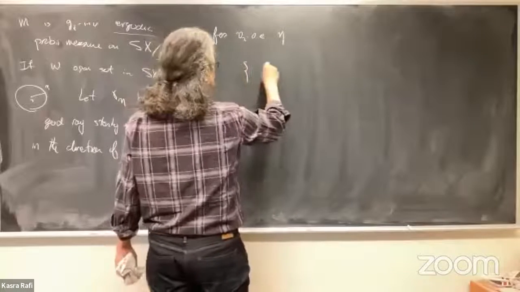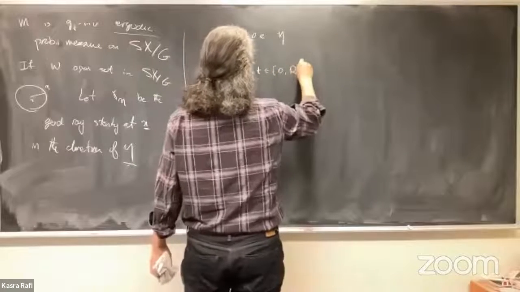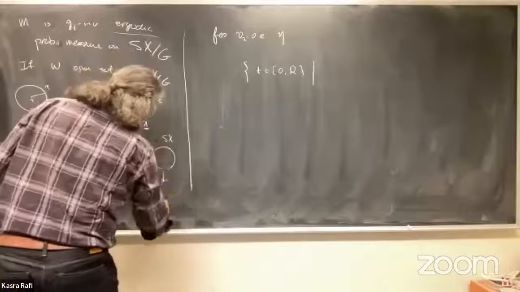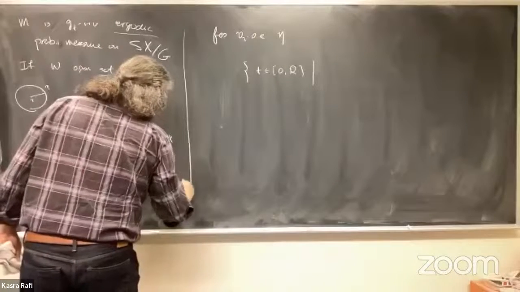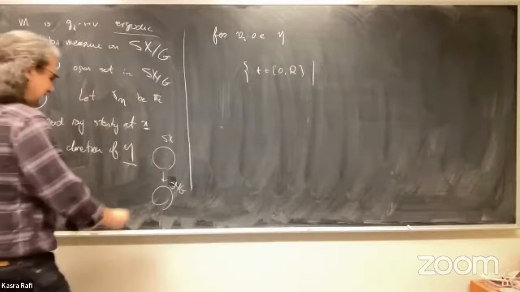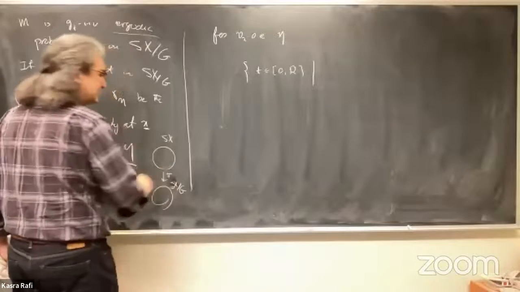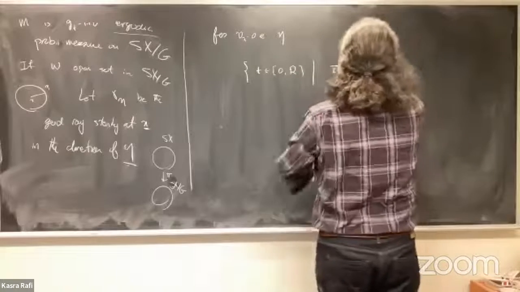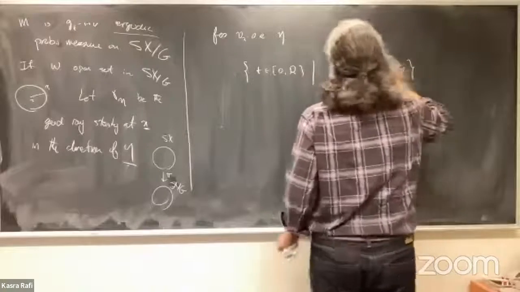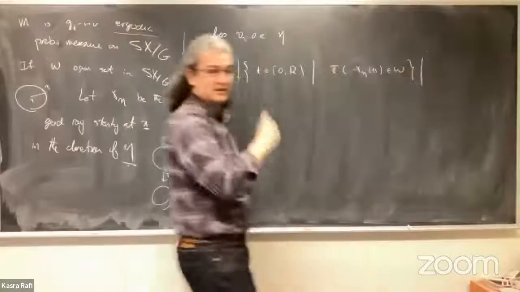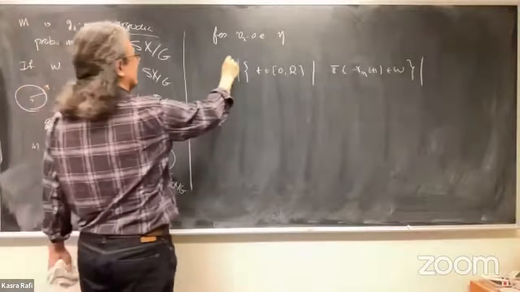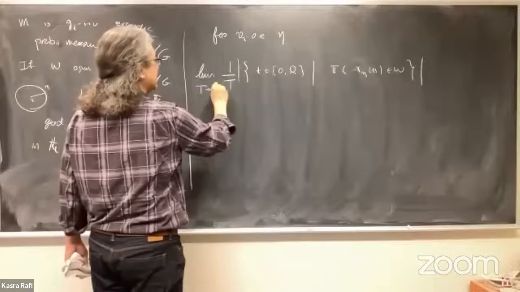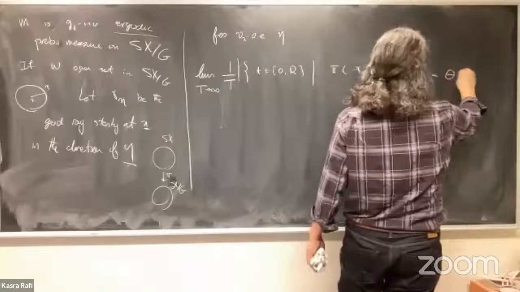Let's look at some time T. Look at the set of times in the interval 0 to T such that, with pi the quotient map from SX to SX over G, pi of gamma eta at time t is in W. So look at the amount of time that your geodesic spends in W, and divide this by T. The limit of this actually exists and is some fixed theta.